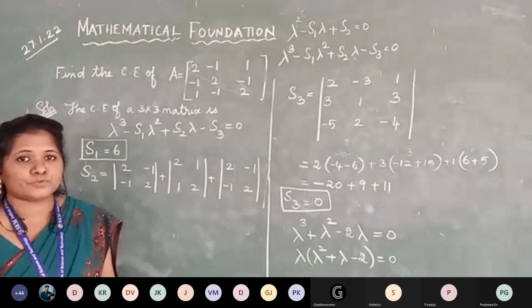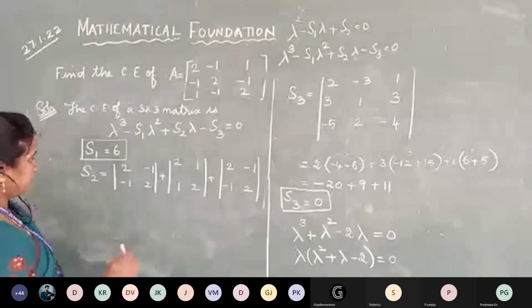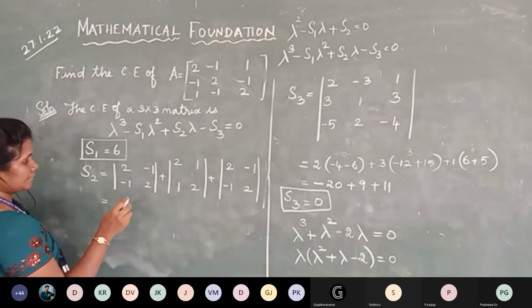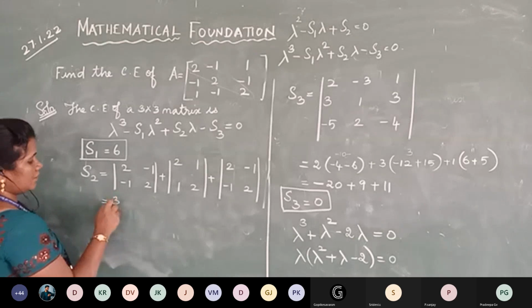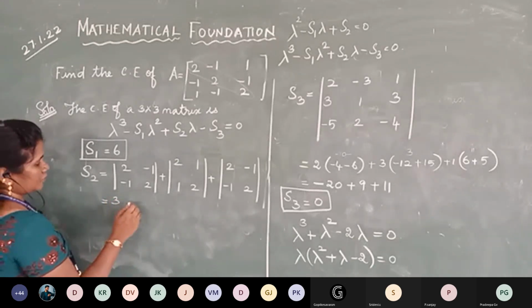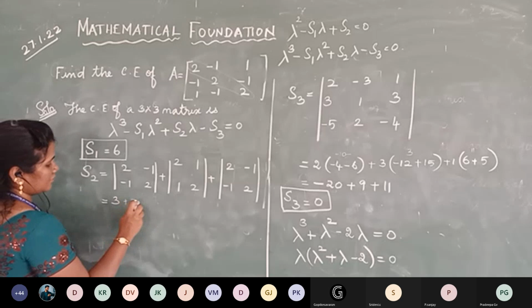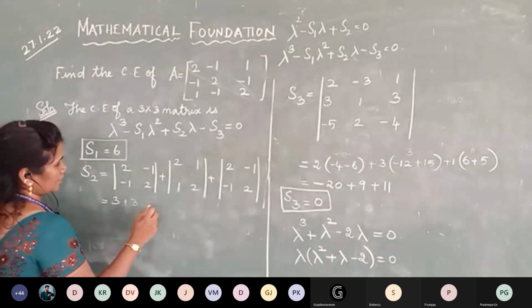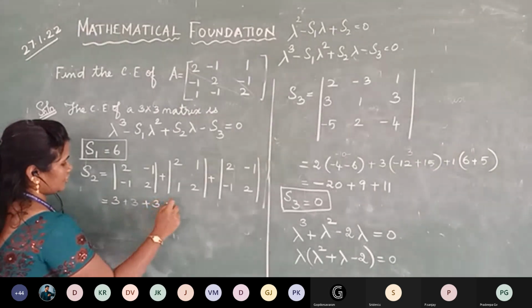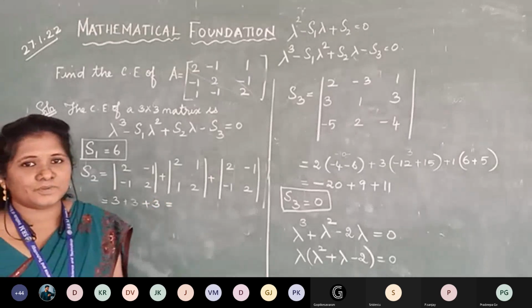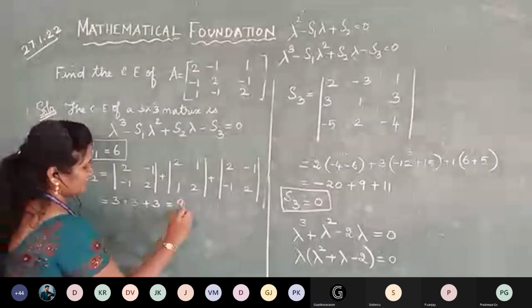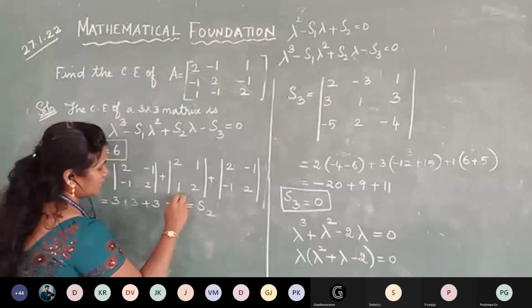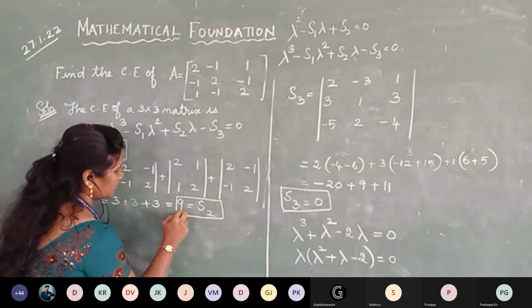I'm writing the minors of the main diagonal elements. So what you're writing? 4 minus 1, which will be 3. 4 minus 1, which is 3. What is your S2? 9, ma'am. Very good. It's 9. So everyone, are you getting 9?